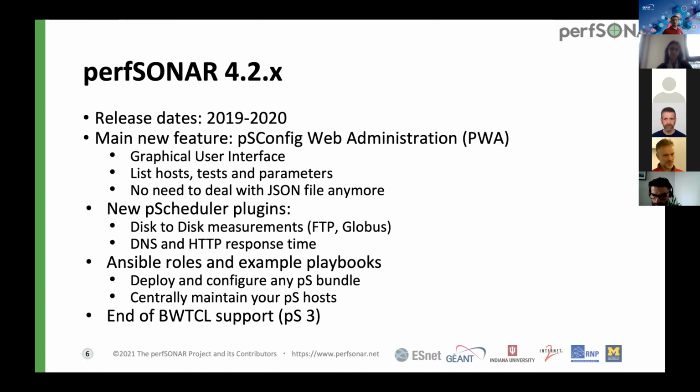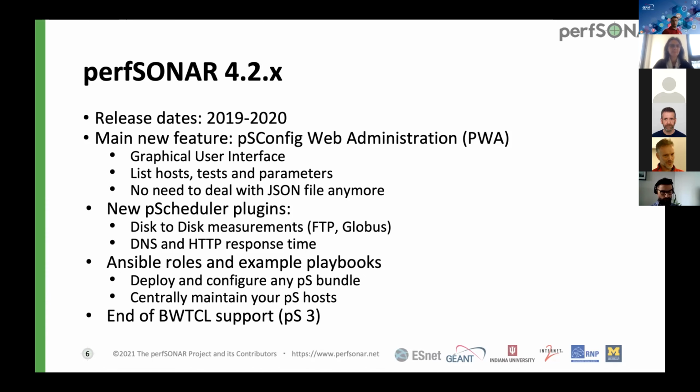This version 4.2 of perfSONAR also brought some new measurement types that might be useful to some of you or some use cases, and these are in two different categories, but are mostly application level measurements.